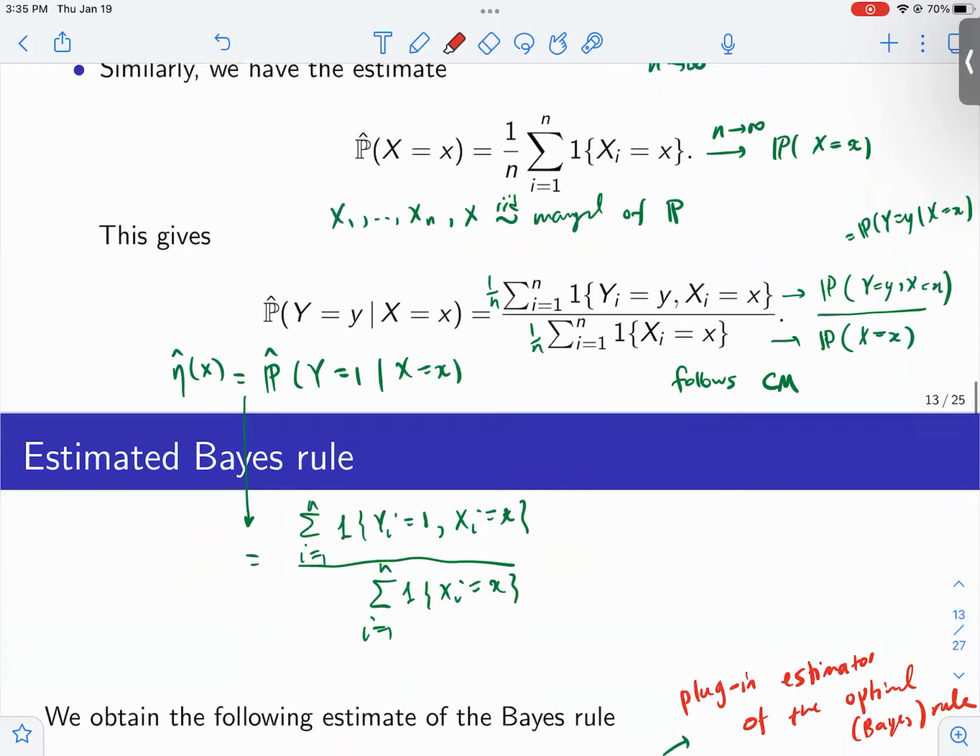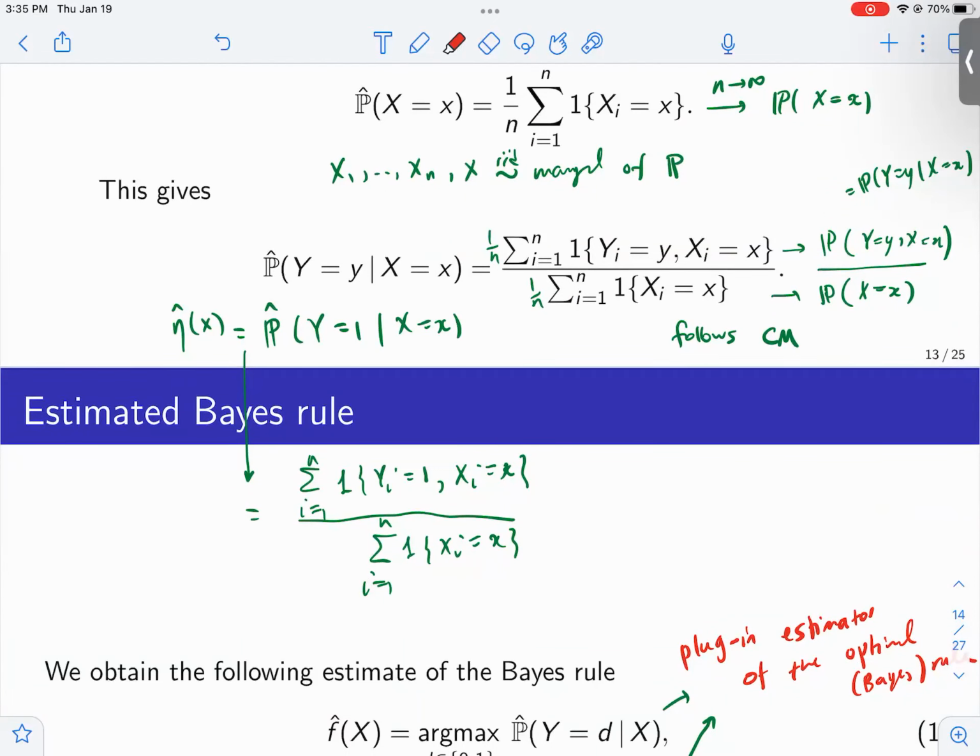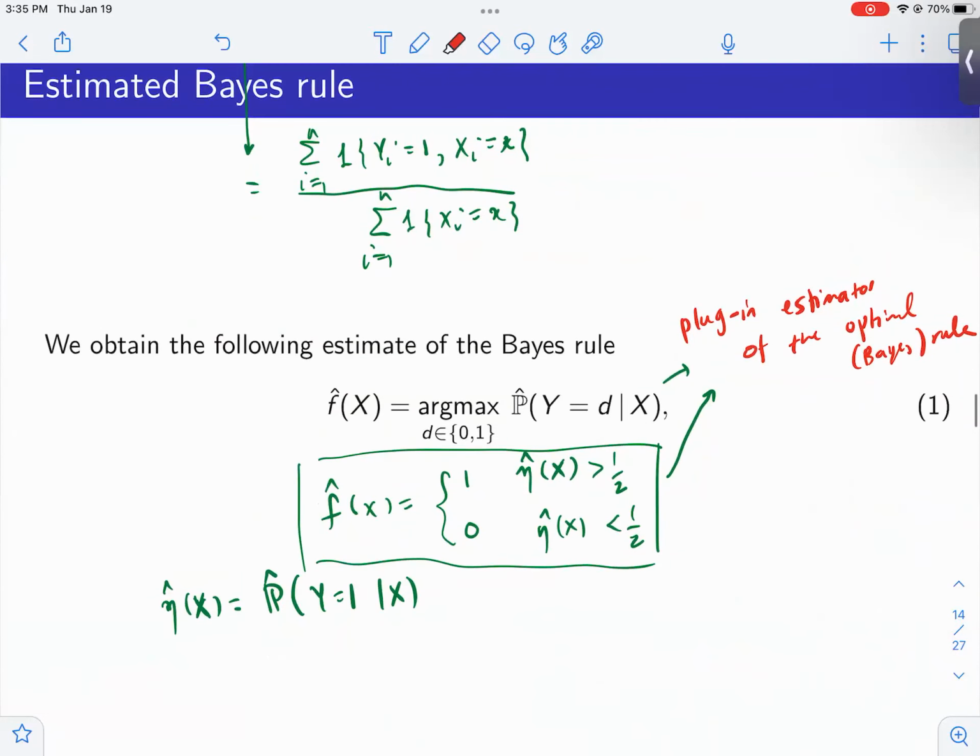And then from that, you can calculate p-hat of y given x. The decision rule, the optimal Bayes rule, would be, well, it's not optimal, but an estimate, which is called the plug-in estimator. So I plug my estimate of the probability into the rule that I had, which was just the population probability, and I get f-hat.